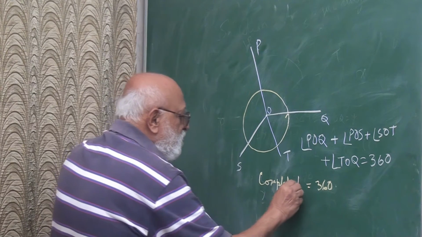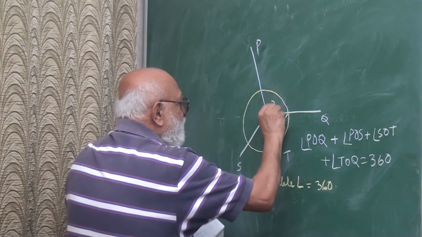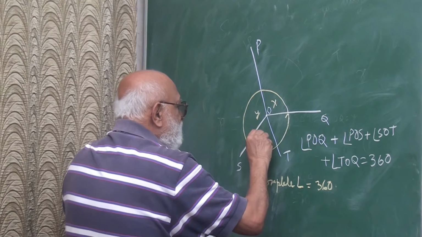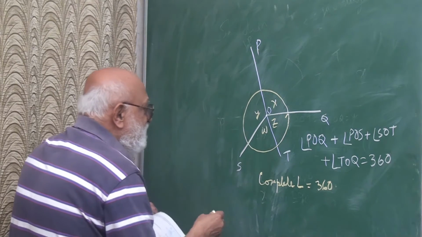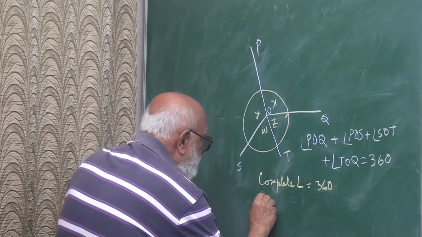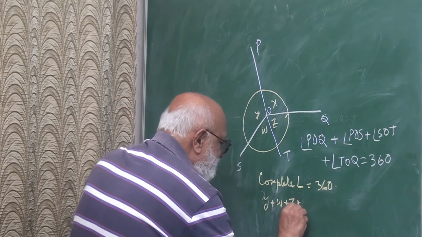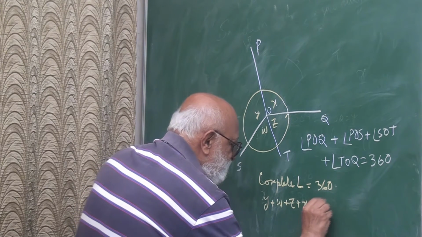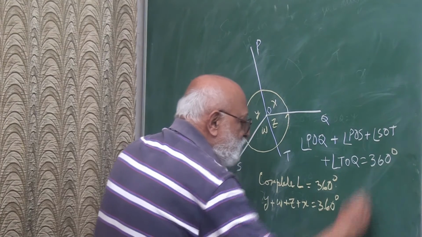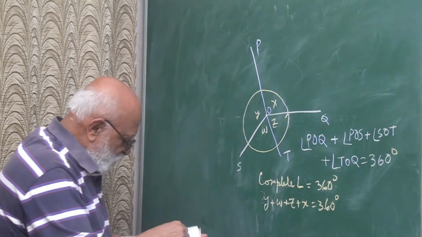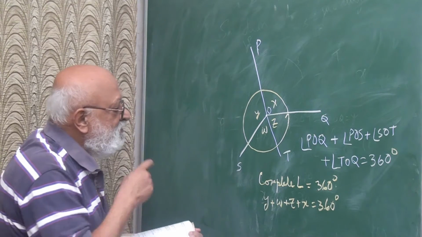So all these things, I can write down as X, Y, W, Z. So I can say Y plus W plus Z plus X is equal to 360. You don't have to do anything beyond this. You don't have to go through all of these things as given in the book.